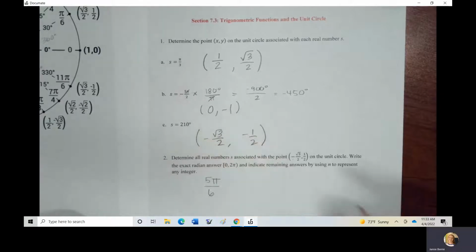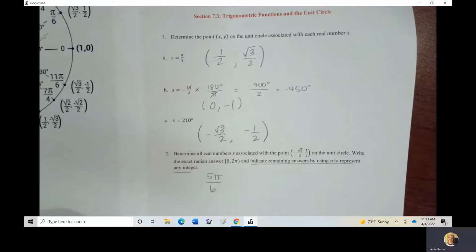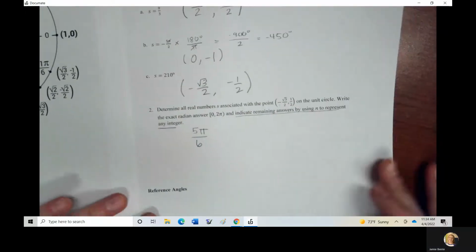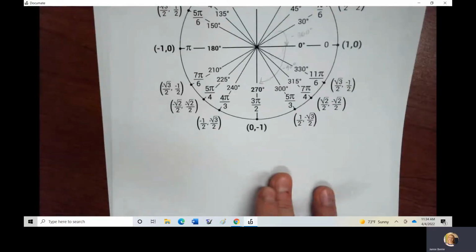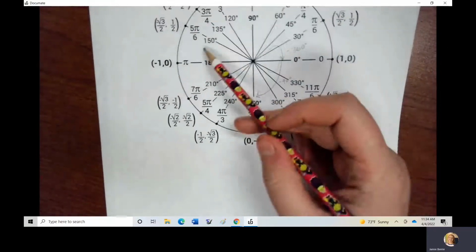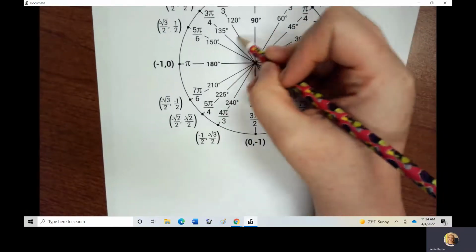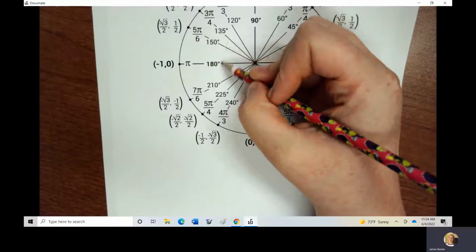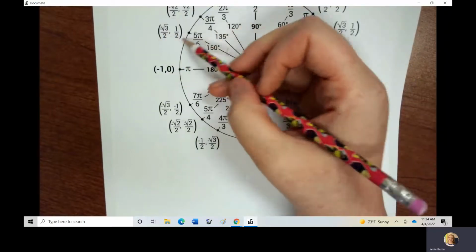Now we need to address this part here. It says indicate remaining answers by using n to represent any integer. What this means is that if you started here and you went all the way around the unit circle again, the coordinate here is not going to change.